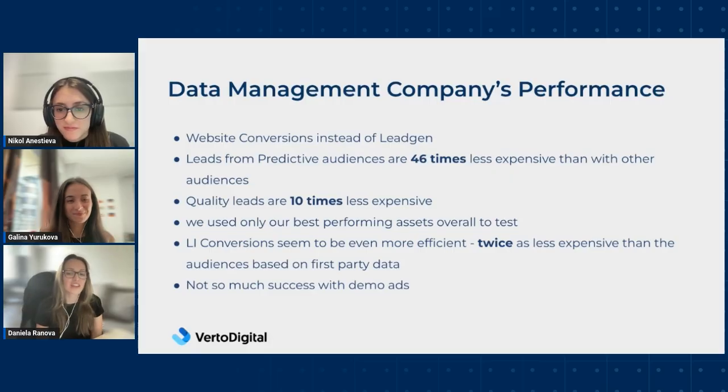So usually this is a more difficult objective to gain results from. Despite all of that, with the predictive audiences, we had about 46 times less expensive leads with this audience compared to the rest of the audiences. And also around 10 times less expensive quality leads.